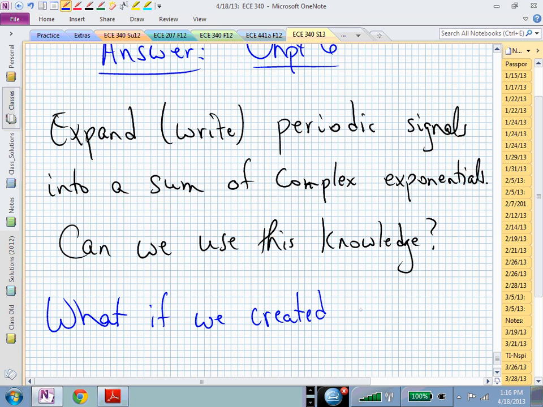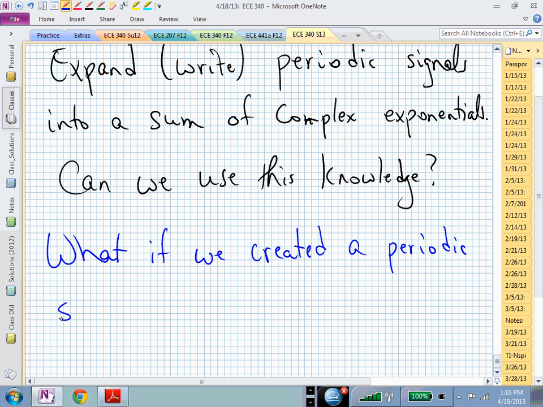What if we created a periodic signal from x of t? And we're going to call that something special so that we know what we're doing. We'll just say that we are extending that x of t to be periodic, so we'll just call it a periodic extension.